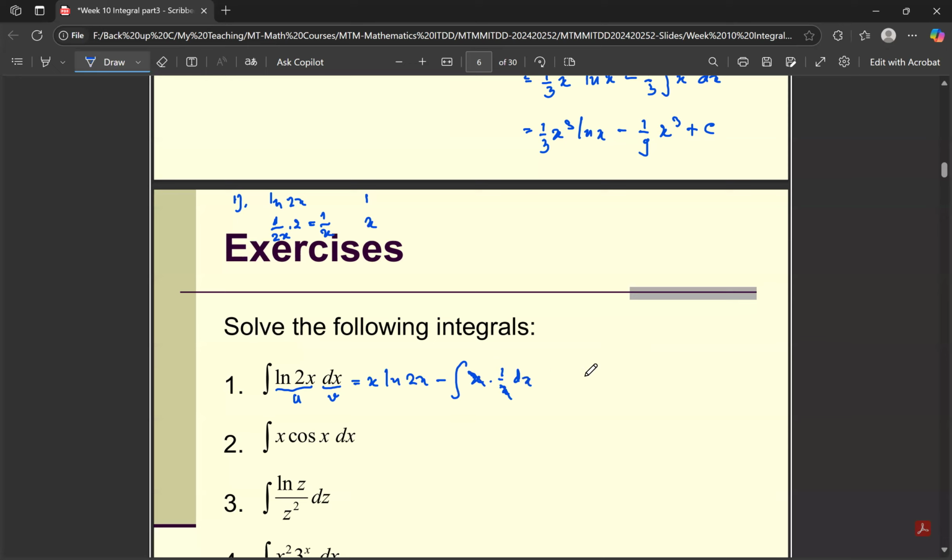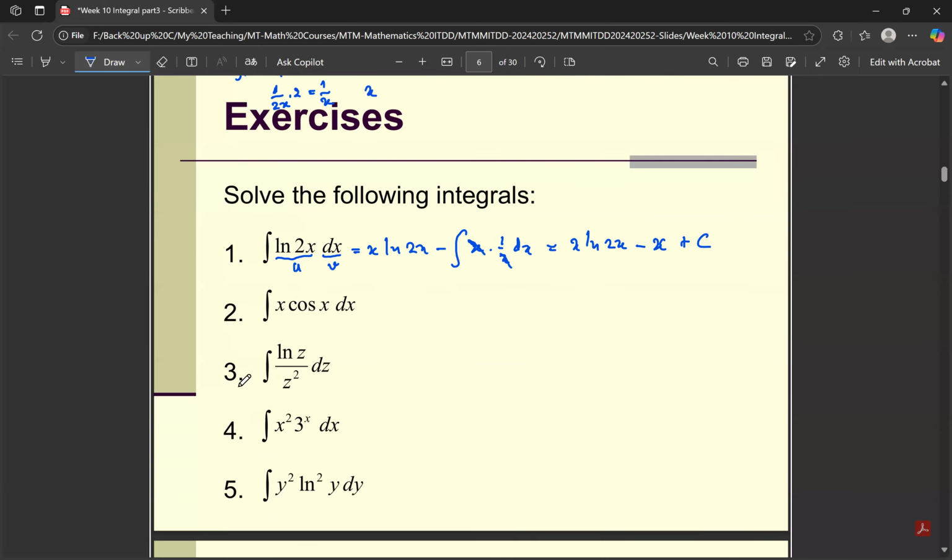So x can be cancelled out. So we have x ln 2x minus the integral of dx, which is x, plus C.